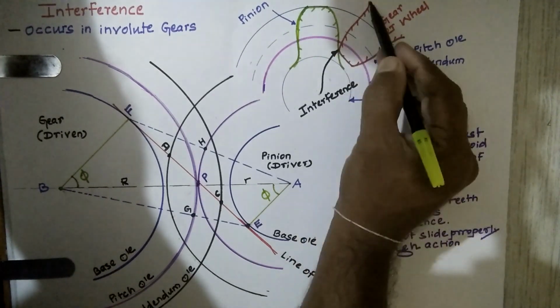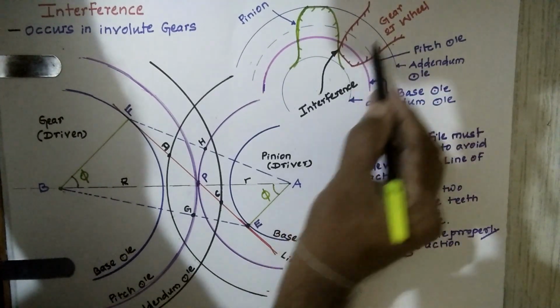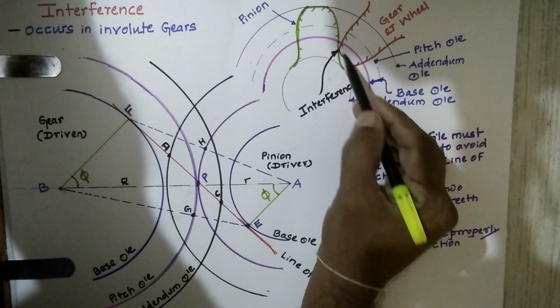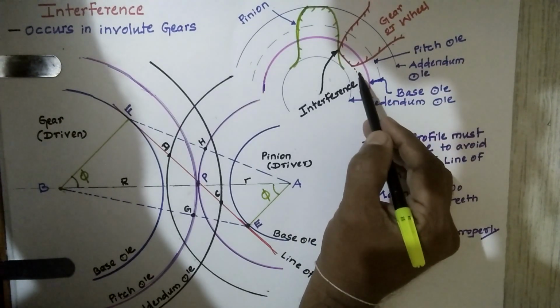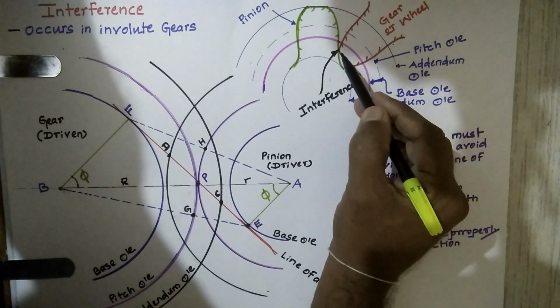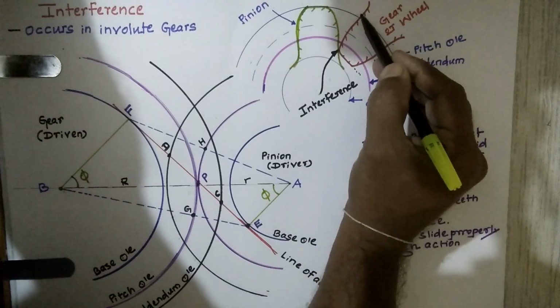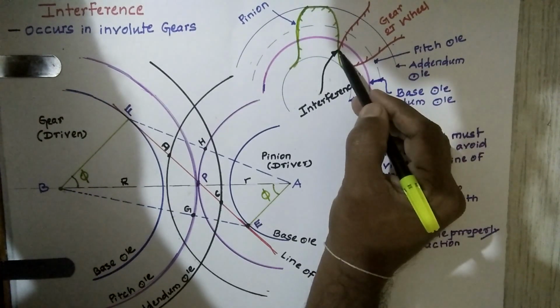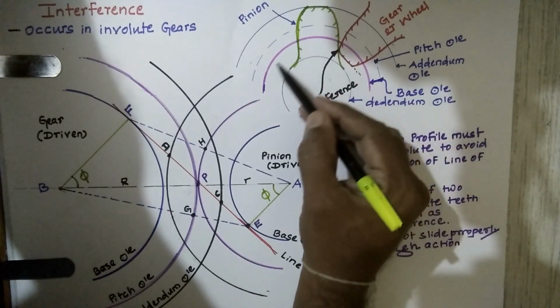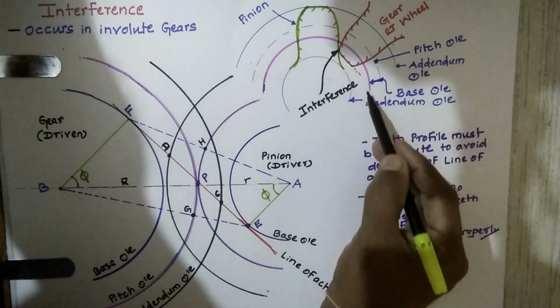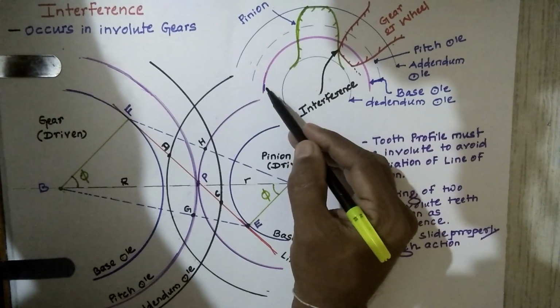In this figure it shows the addendum circle of the wheel, this is the addendum circle. If you draw this one dotted, whatever the point, this is a circle. This teeth meeting below the base circle. In this case, the important thing is you have to look at the base circle only.